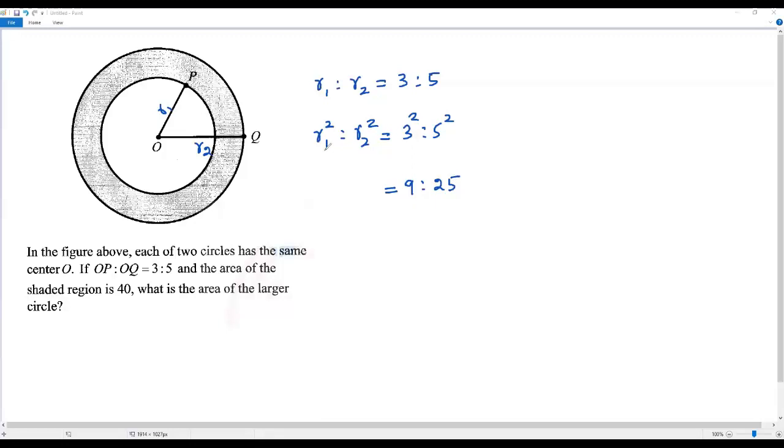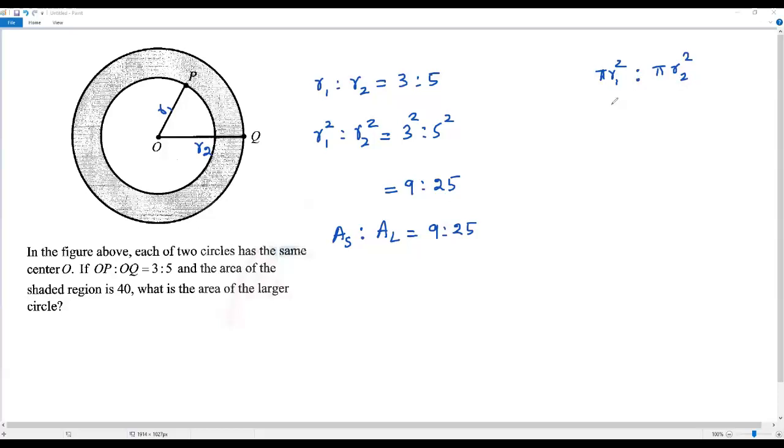In whatever ratio we have the squares of the two radii of the circles, in the same ratio we have the areas of the two circles. That is, the area of the smaller circle to the area of the larger circle is 9 to 25. I write the smaller circle first because we have the radius of the smaller circle first. In the area formula we have pi r squared. So pi r1 squared represents the area of the smaller circle and pi r2 squared is the area of the larger circle.